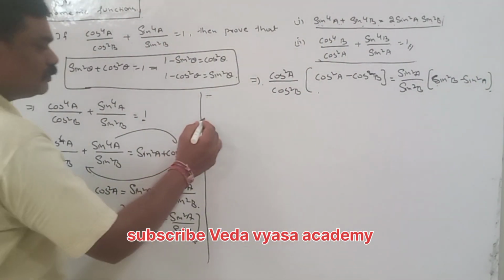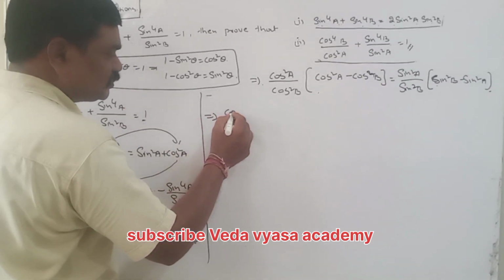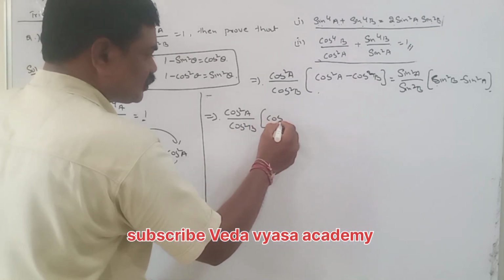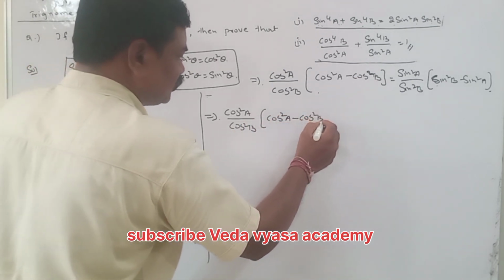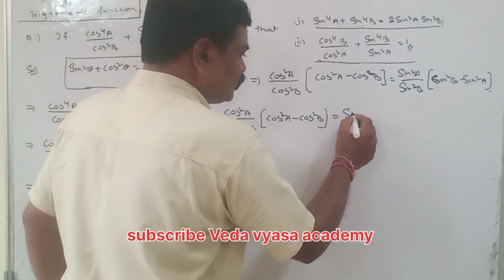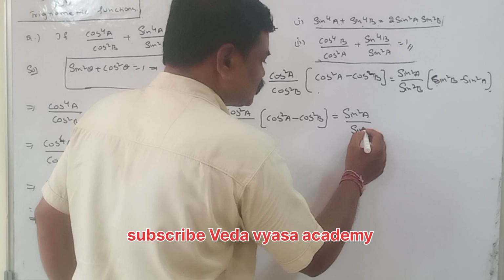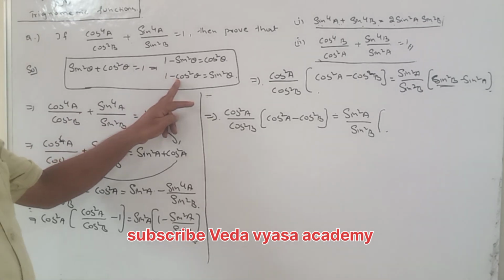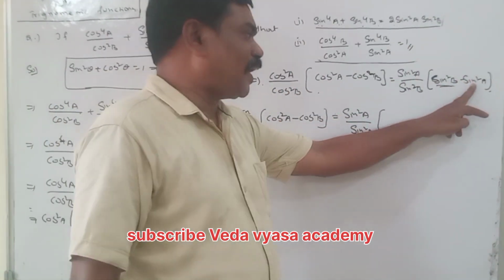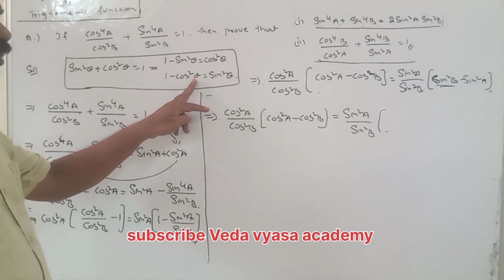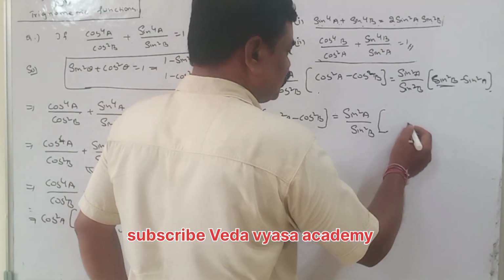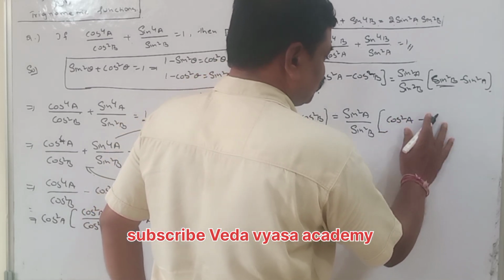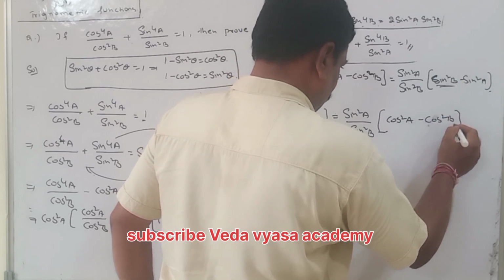From this you can write cos²A/cos²B (cos²A − cos²B). For the right side, sin²A/sin²B, you can substitute sin²B as 1 − cos²B and sin²A as 1 − cos²A. Then we get cos²A − cos²B.